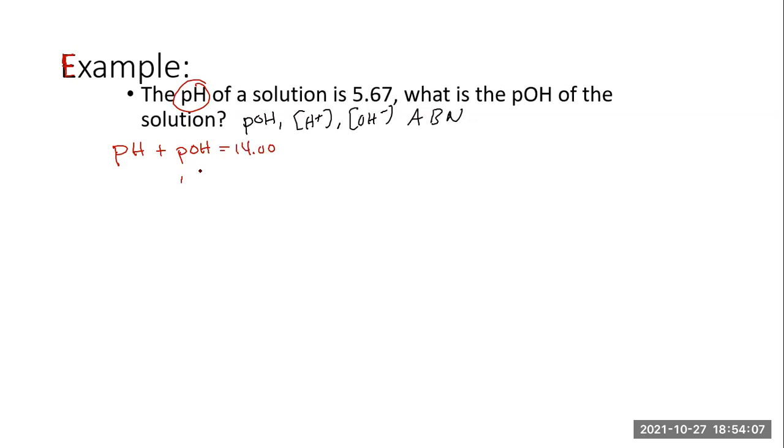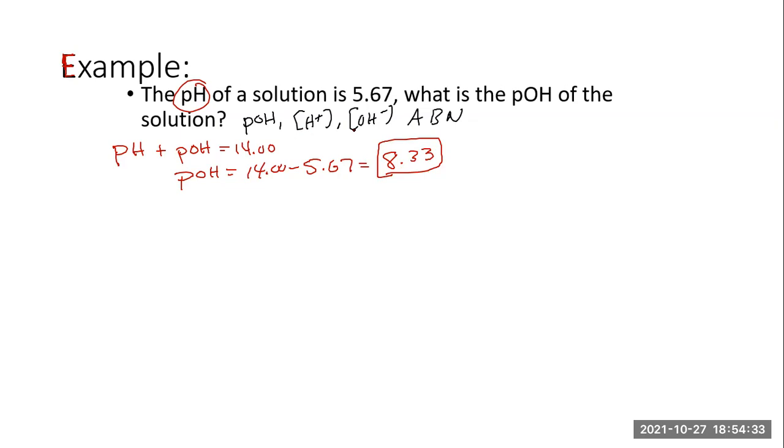That means simply the pOH would be 14 minus our 5.67. And in this case, 14 minus 5.67 gives us a pOH of 8.33. Any questions on that one there?